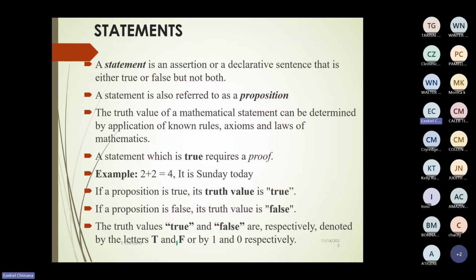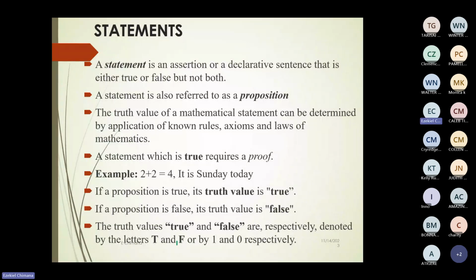The truth value of a mathematical statement can be determined by application of known rules, axioms, and laws of mathematics. A statement which is true requires a proof. For you to say this statement is true, you need a proof. For example, 2 plus 2 is equal to 4. You need a proof. It is Sunday today.